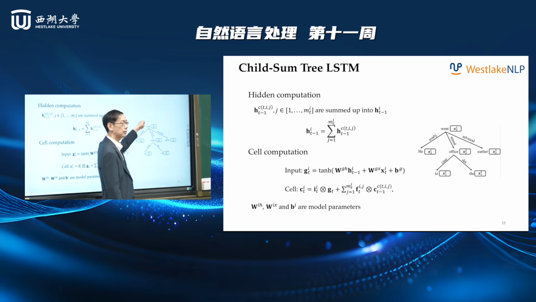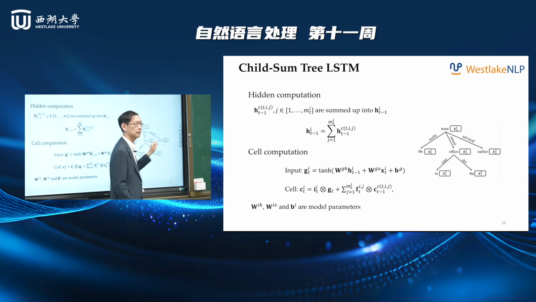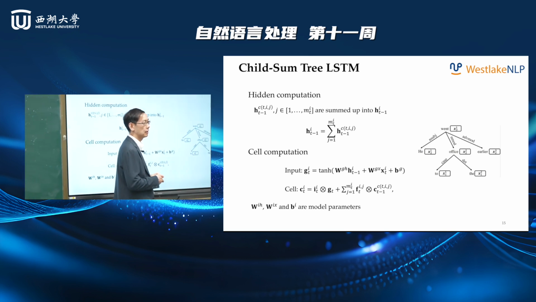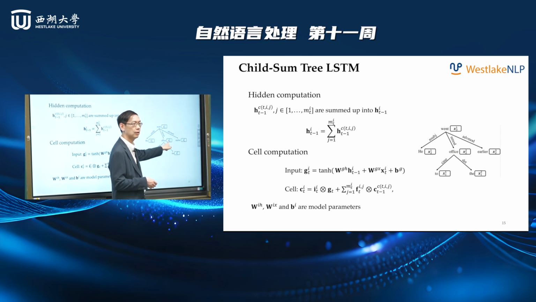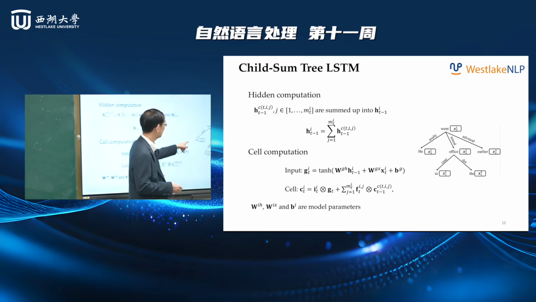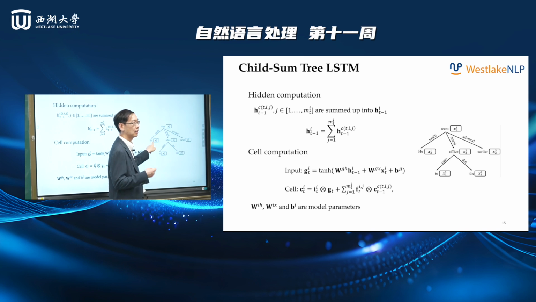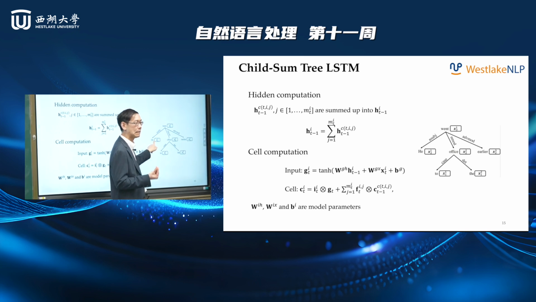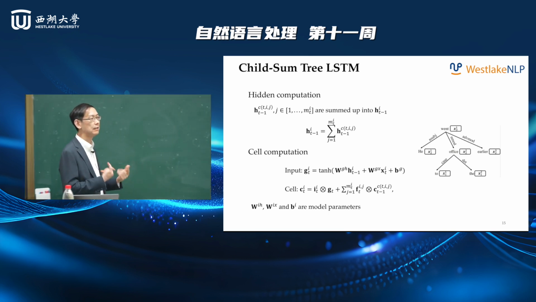Here, I want to calculate its previous hidden state. I just sum up this hidden state and this hidden state, and that's the previous hidden state. So I want to calculate the previous hidden state for this node, then I just sum up these two nodes. So I want to calculate the previous hidden state for this guy. What is it? I calculate a special initial hidden state for its previous hidden state, just like a standard LSTM, right? You have an initial state.